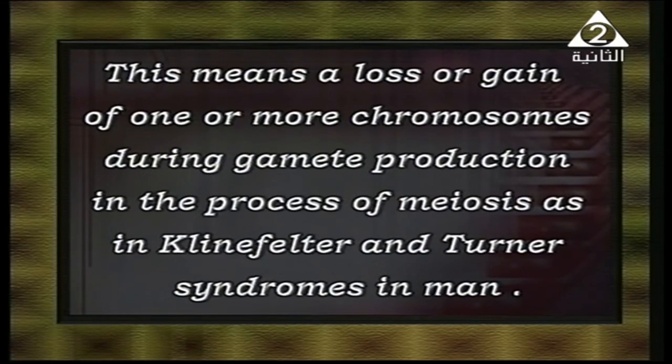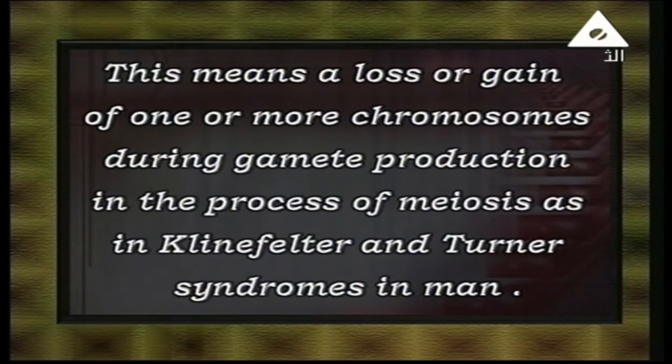This means loss or gain of one or more chromosomes during gamete production in the process of meiosis. Like what? We have some diseases or disorders like Klinefelter and Turner, and both of them are kinds of syndromes in man.